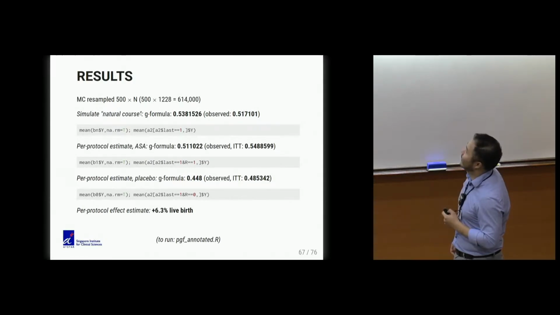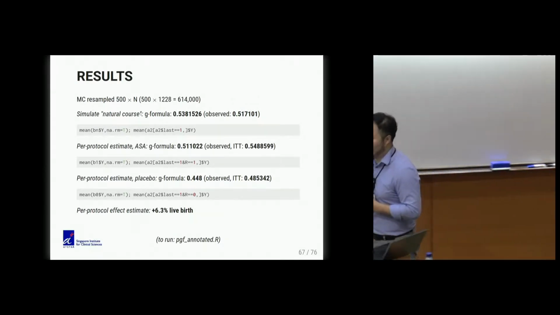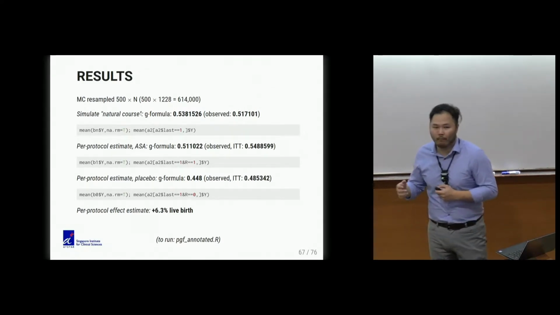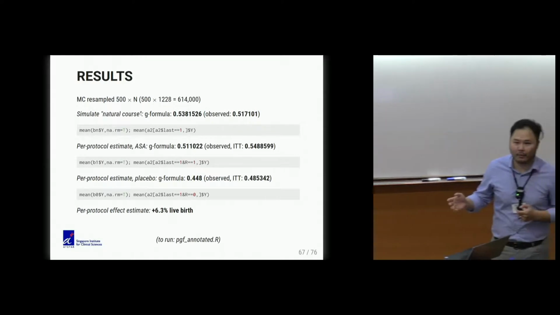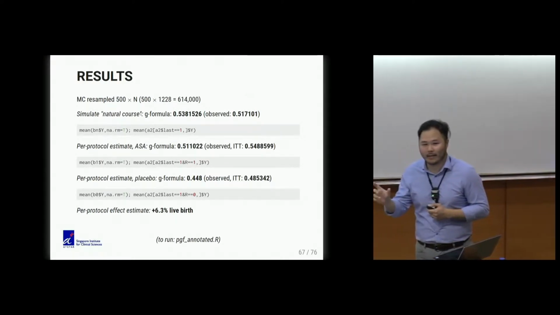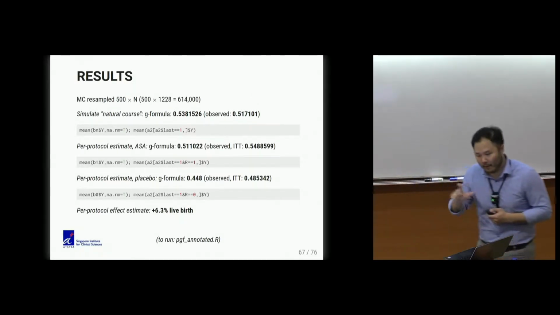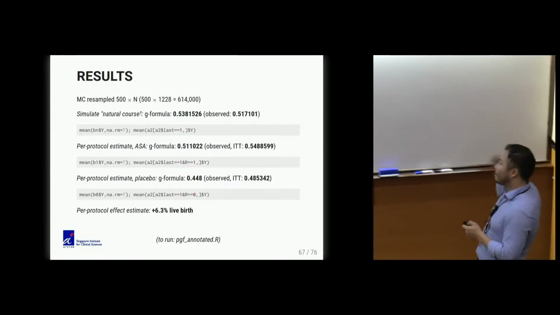So imagine that because of potential bias in the compliance or loss to follow-up, it could be that people who decide to stop don't have any trouble conceiving. So the estimate from those who remain in the study could be higher than the actual one if we had followed them up over time. 51% live birth here.